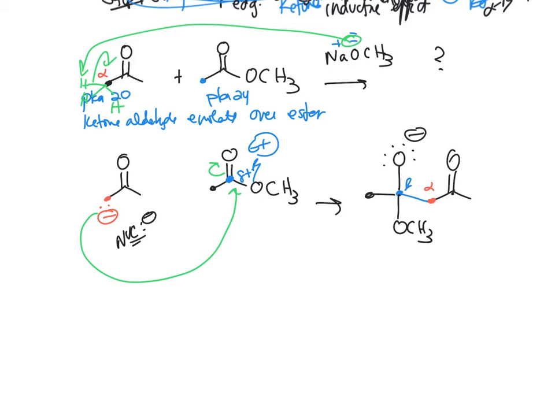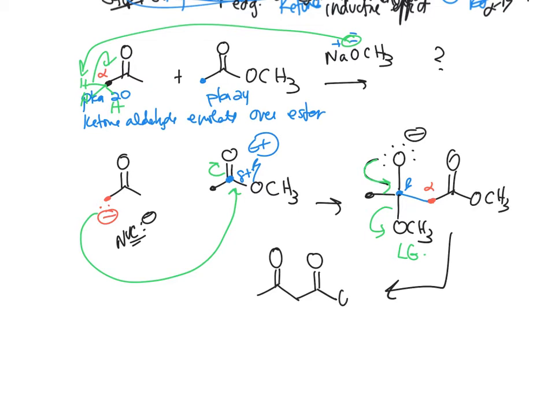This is going to reform, make this green, reform the carbonyl, and this is going to be a leaving group. And I didn't draw that right, sorry folks. So this is my alpha, there's my alpha, I just checked my redrawing, and this is my beta. And that is the mechanism. Okay, so that gets you to Model 2.